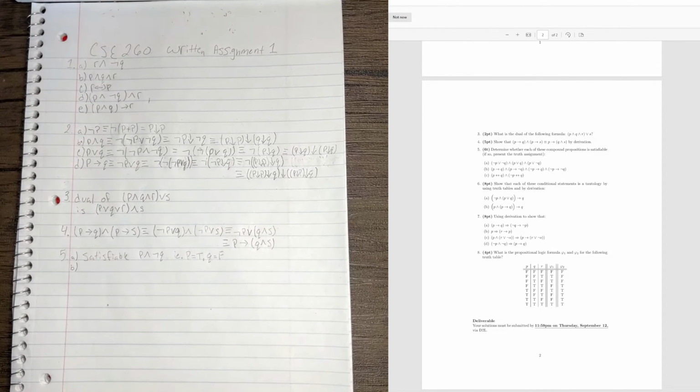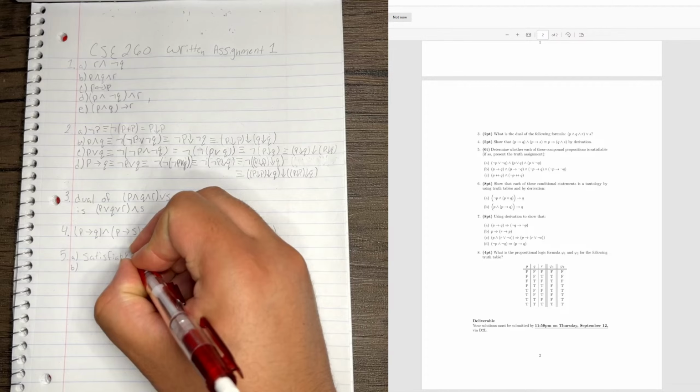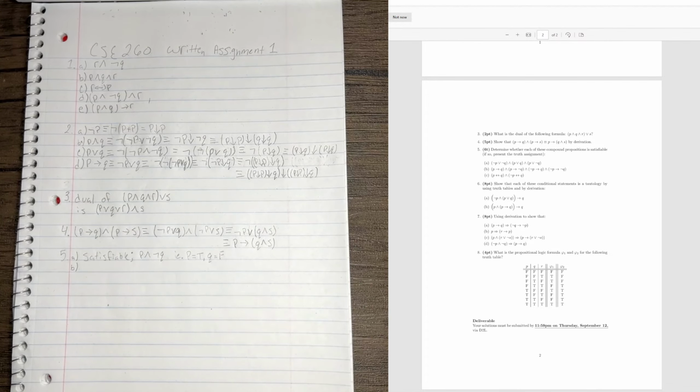B. Semicolon for that one. For those if-then statements, it's true all the time unless Q is false and P is true.